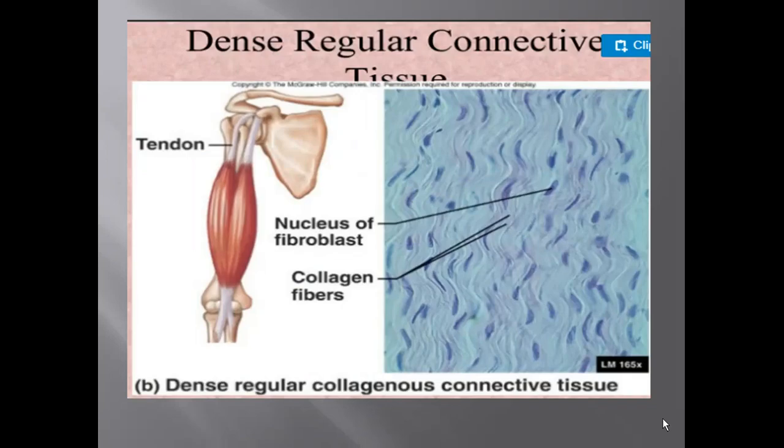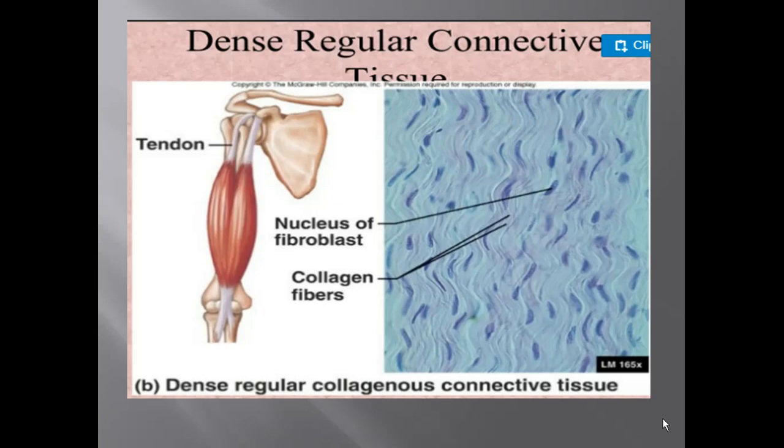And I have dense regular connective tissue. You will see the main character is the fibroblast cell. A fibroblast cell is an elongated cell with cytoplasmic projections, and the nucleus is ovate, 1 to 2.